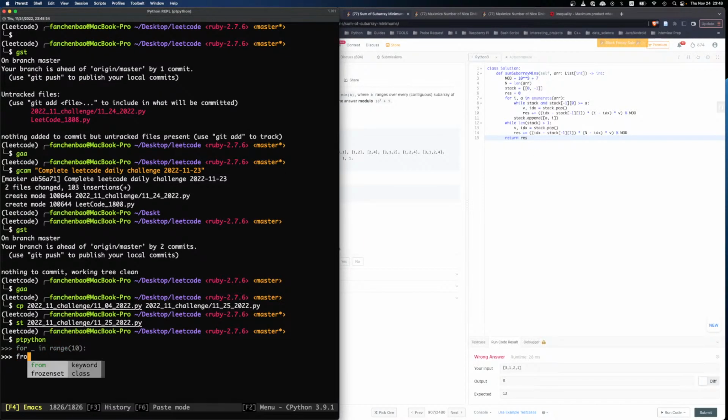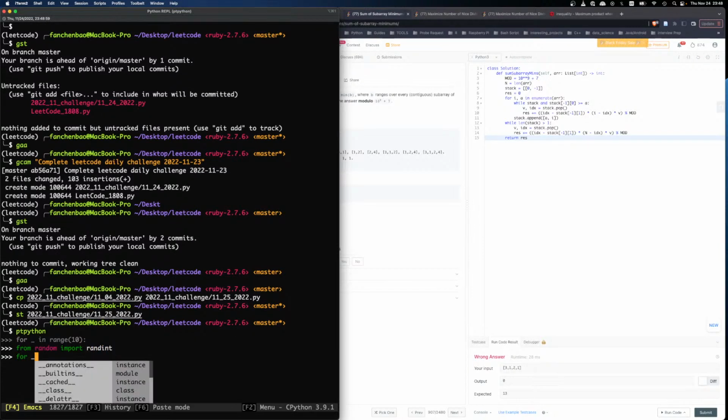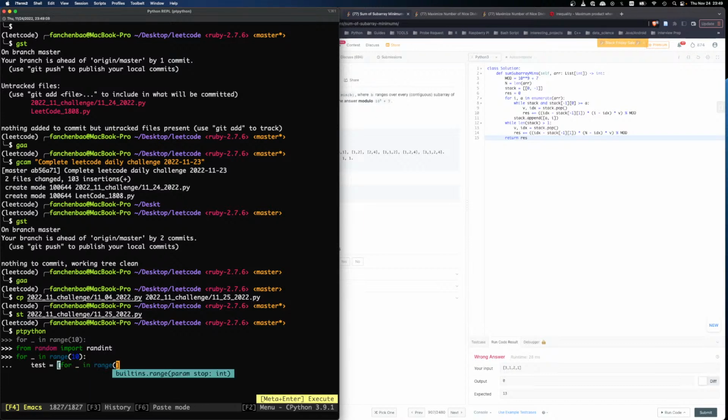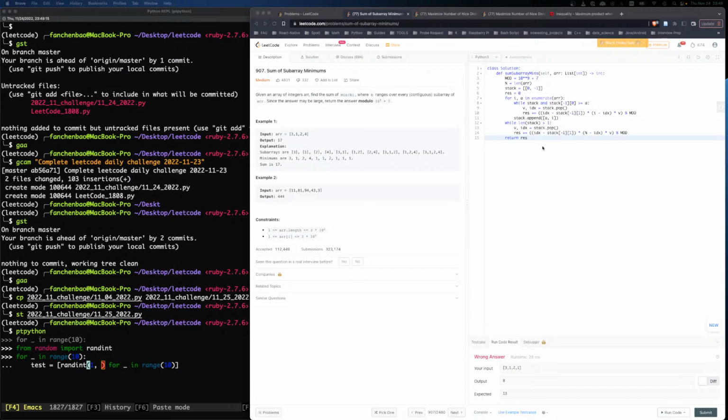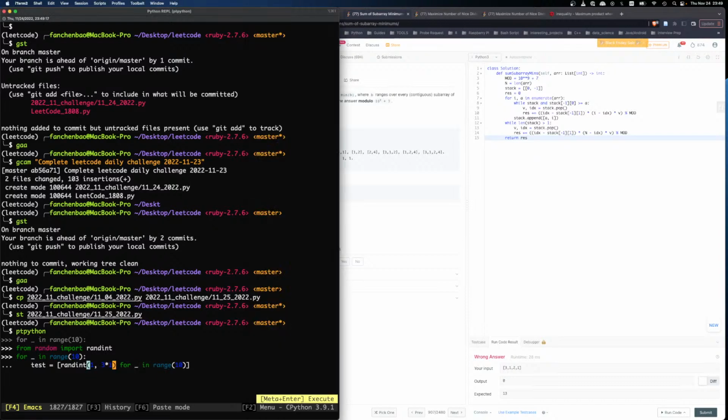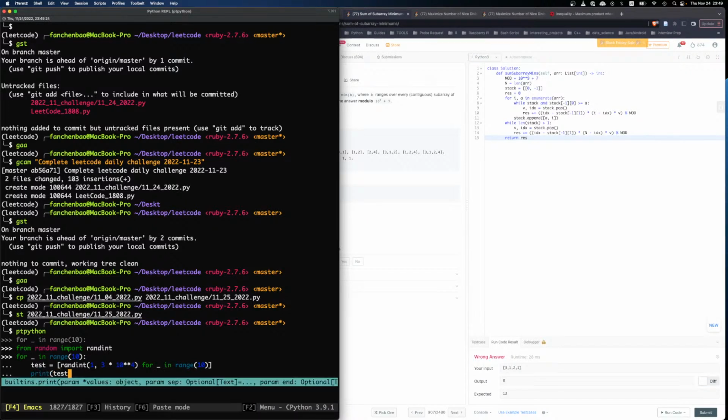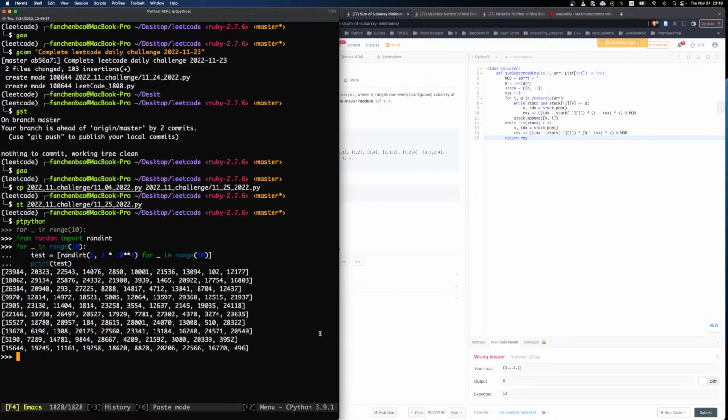We need to say from random import randint, and then we're going to say 10 test equals this for this in range. Let's go 10 again. Randint 1, 2, 3 times 10 to the 4th. Okay, and now I'm going to print test.